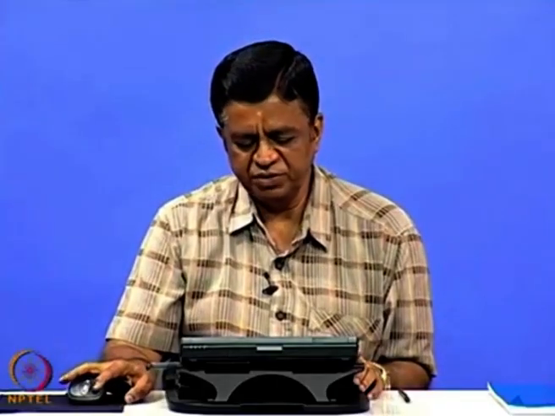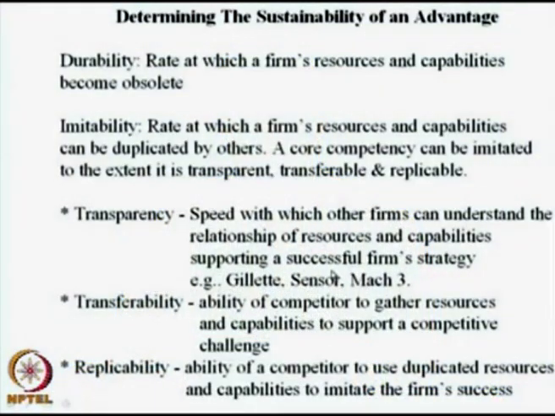Then what is the ability of that competitor to gather resources? He should match the existing players' resources and capabilities, then only he can give a competitive challenge to the existing firms. So, what is replicability? Replicability refers to the ability of a competitor to use duplicated resources and capabilities to imitate the firm's success.